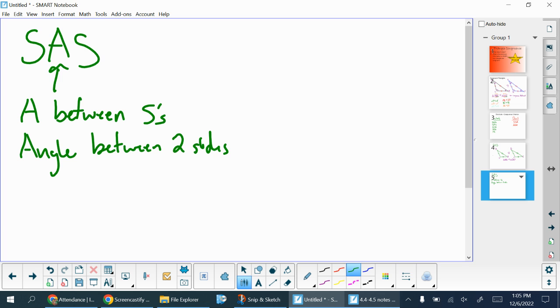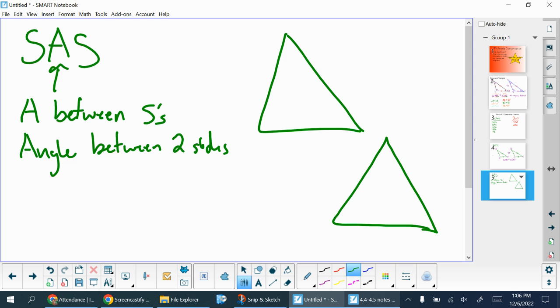So when we draw that picture and draw my 2 triangles here, I've got a pair of sides that are congruent, and another pair of sides that are congruent. Now the angle has to be between the 2 sides. So I've got one side here, angle pinched in between them, and then the same on the other triangle.